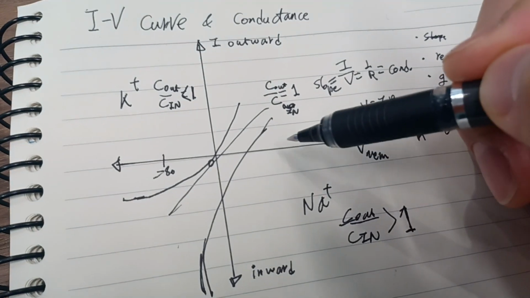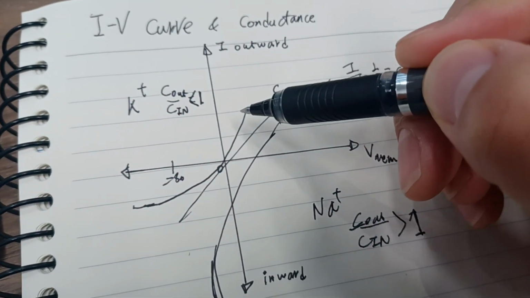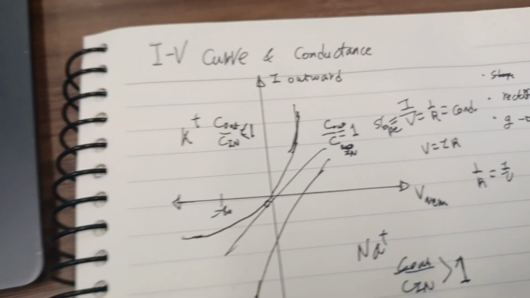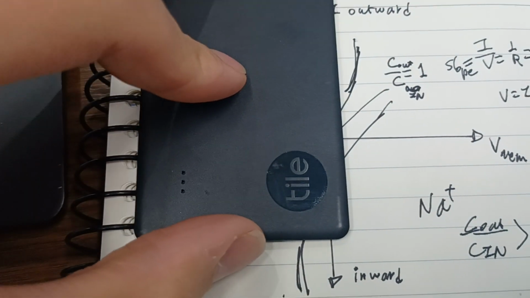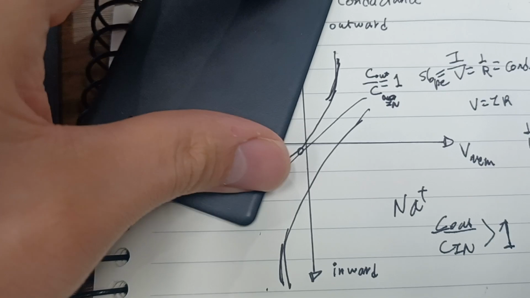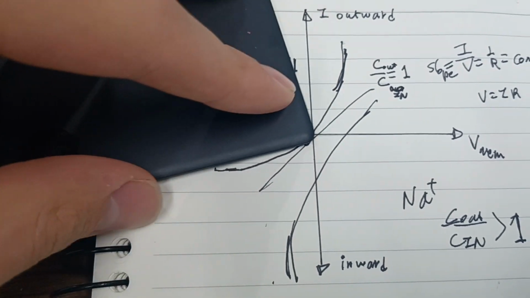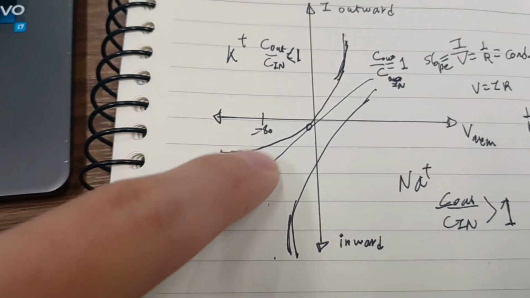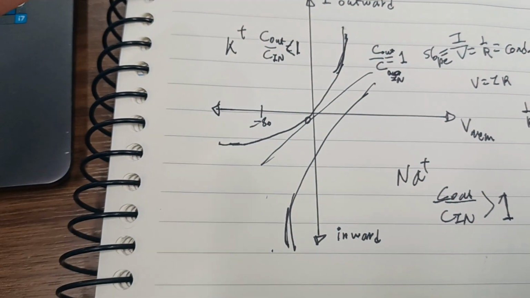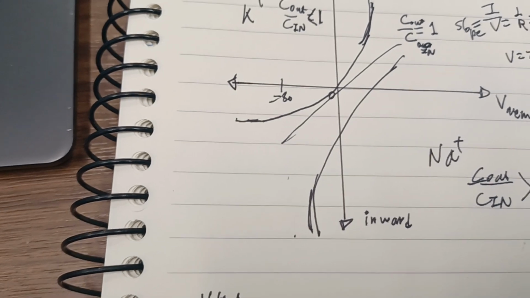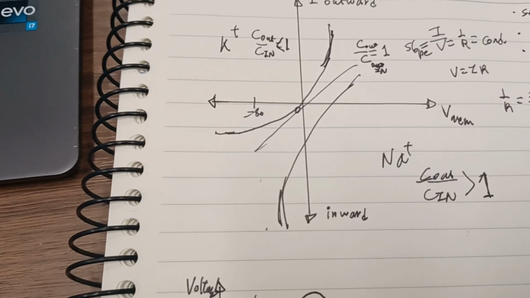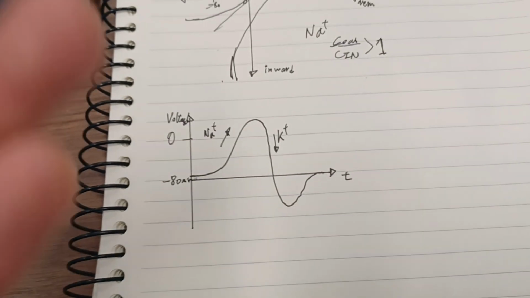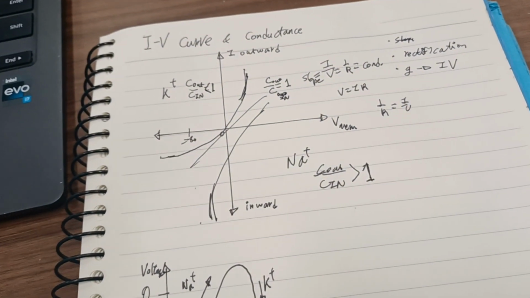So when membrane voltage is high or positive, I'm exaggerating, but we have a really high slope, almost vertical, and then it shoots back down and becomes almost flat when coming back down to negative voltage. So that explains the outward rectification of the potassium ion channel. That is the intuitive reasoning behind why it happens, not the mathematical one.